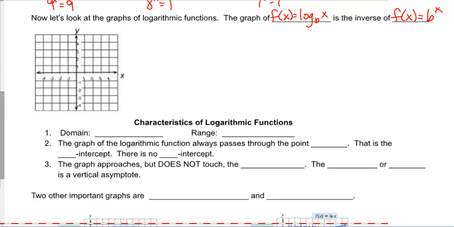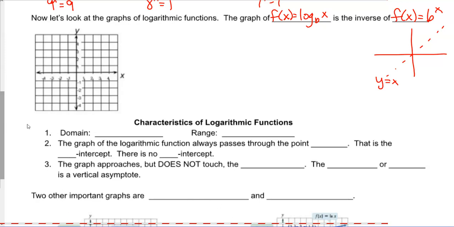So we're going to let b equal 2 here and look at the 2 to the x function and log base 2 of x, and figure out what that is. Now, when we talked about inverses on functions, remember on your graph, the inverse functions are going to be reflective over the line y equals x. So we had drawn some functions that are very similar, and they can be reflected over y equaling x, showing that it is an inverse.